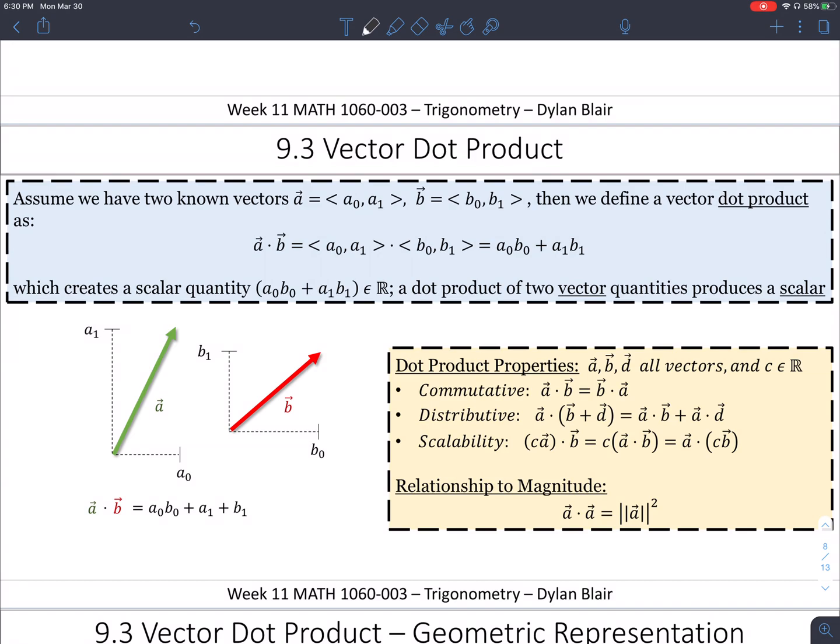But either way, when we take the dot product, we denote it with this dot, just like how it sounds. When we take these two vectors, a0 and a1, dotted with b0 and b1, we're just going to multiply component-wise and add all of those multiples together. Okay, so in a two-dimensional sense, we're only adding two of these together.